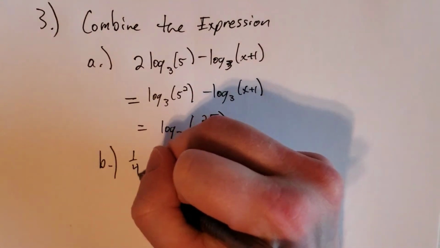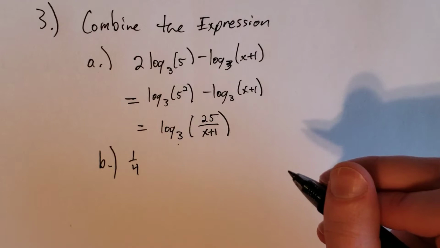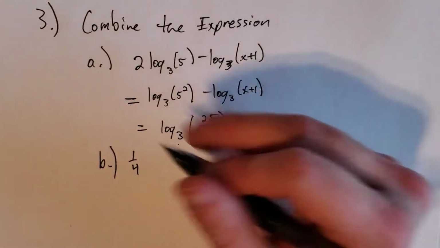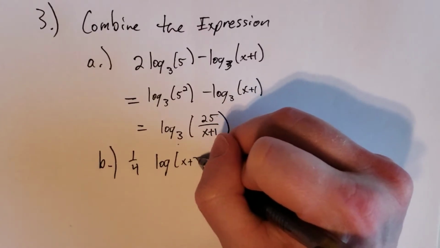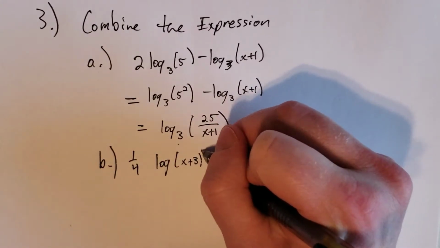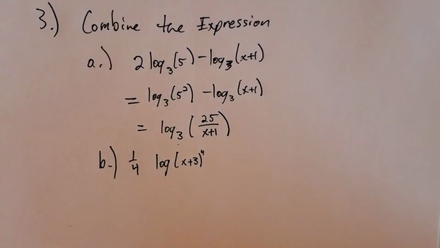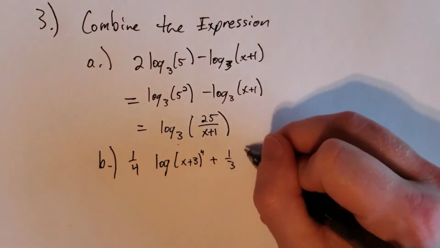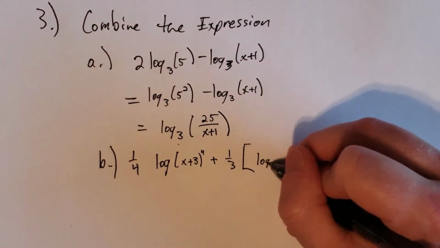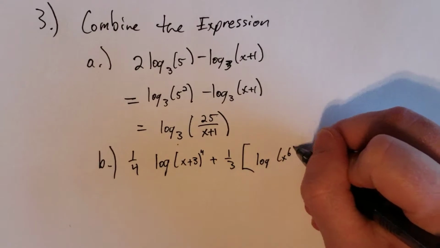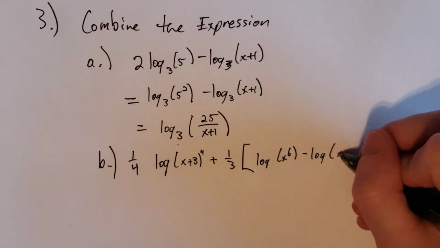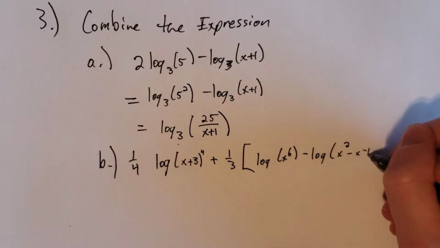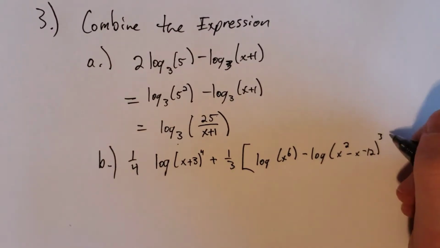One more, and that is we want to combine the expression 1/4 log of x plus 3 to the 4th plus 1/3 times log of x to the 6th minus log of x squared minus x minus 12 raised to the 3rd.